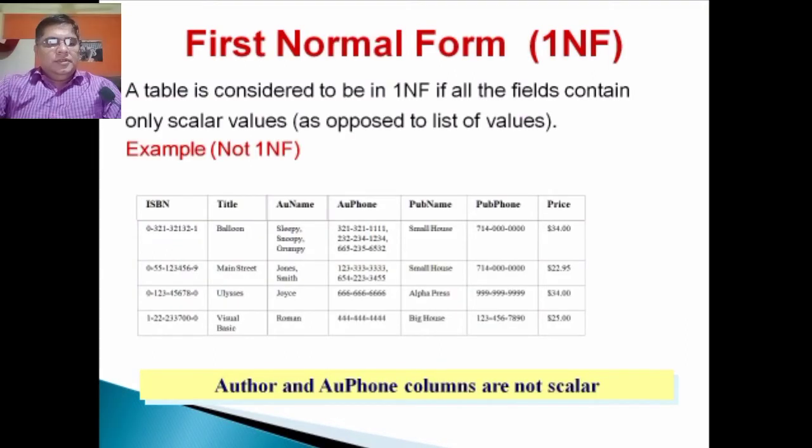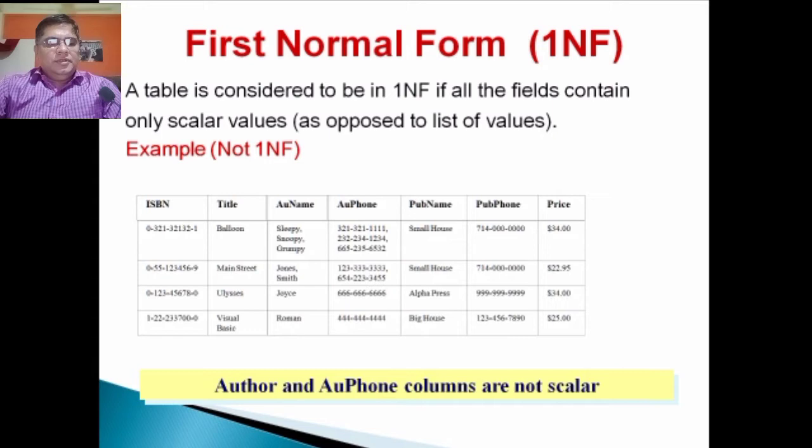First normal form. A relation will be in first normal form if it contains atomic values. It states that an attribute of a table cannot hold multiple values. It must hold only single valued attributes.